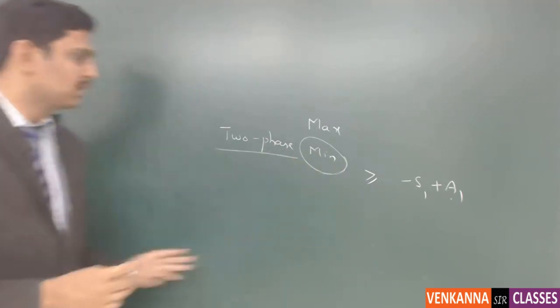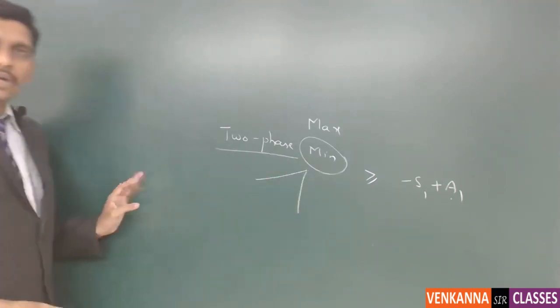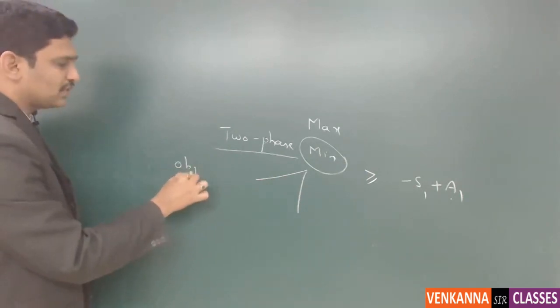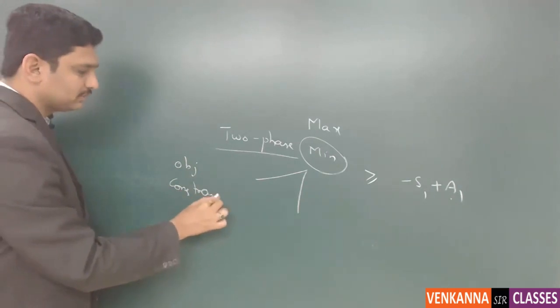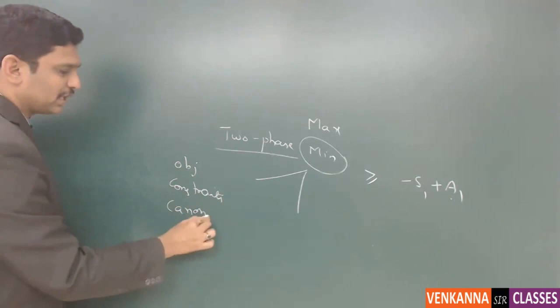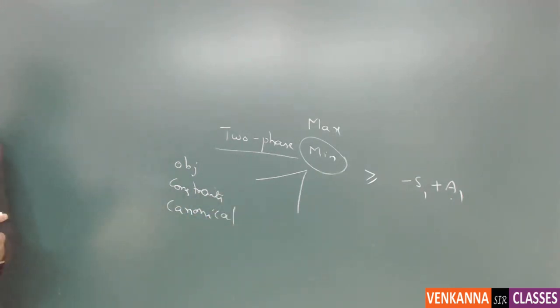On the whole, we just do like this. For the original problem, we will write the objective function as well as constraints in the canonical form, introducing slack, artificial and surplus variables.